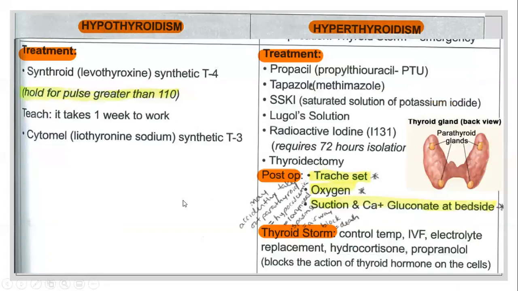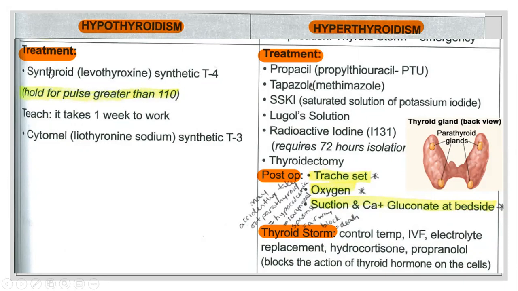So what is the management? In case of hypothyroidism, the patient's T3, T4 go down, so you have to give them T3, T4. This is called synthroid. Another name is levothyroxine. An easy way to remember the hypothyroidism medication name is LEVO, HYPO, hypo.